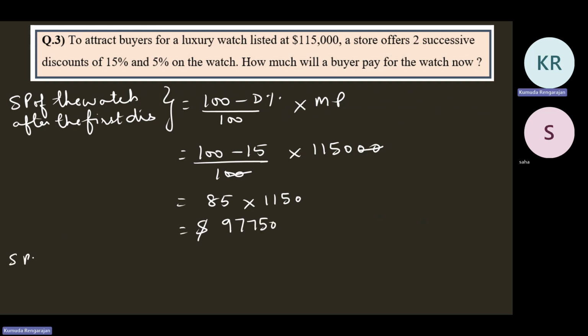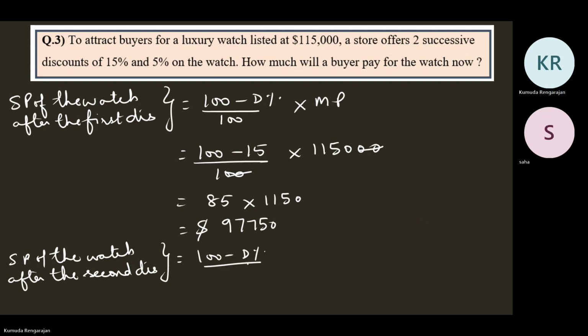Now find the SP again. SP of the watch after the second discount, same formula, 100 minus D% by 100 into MP.